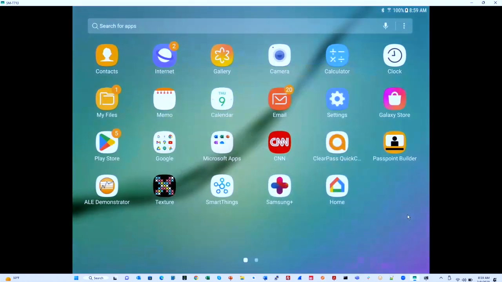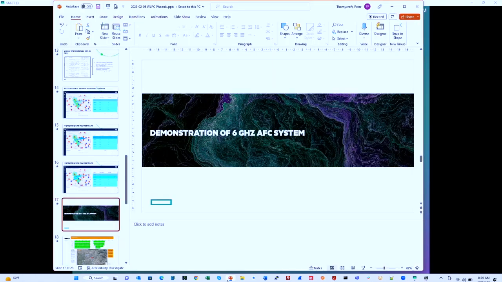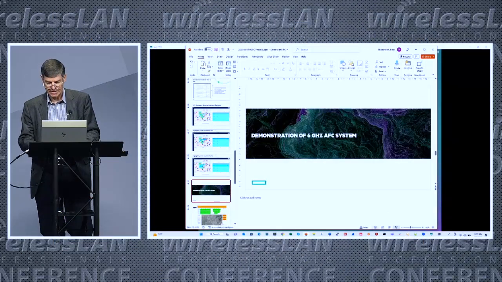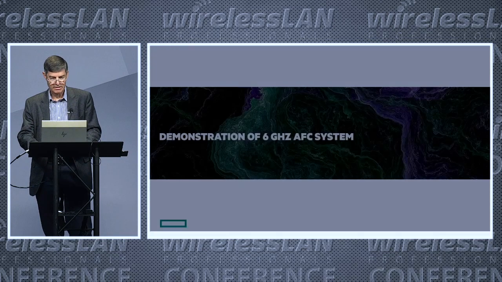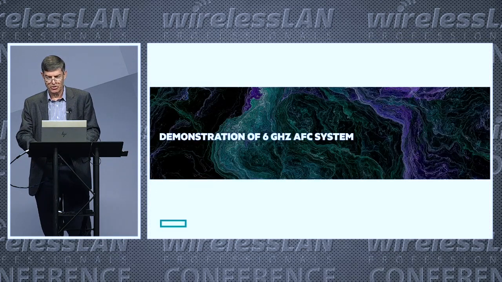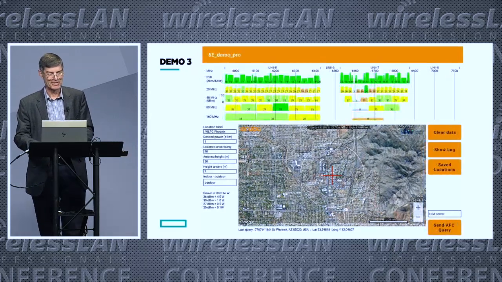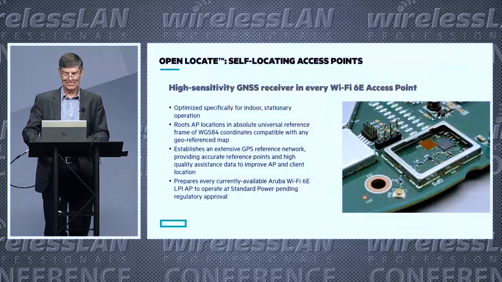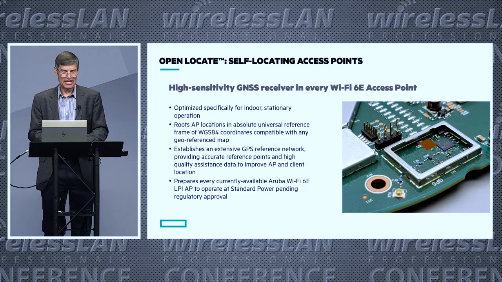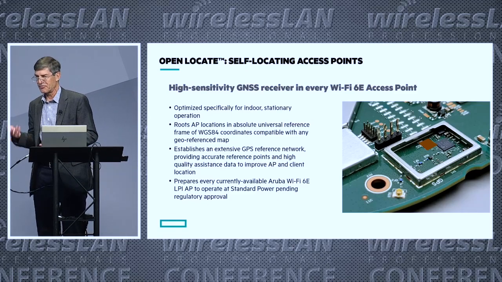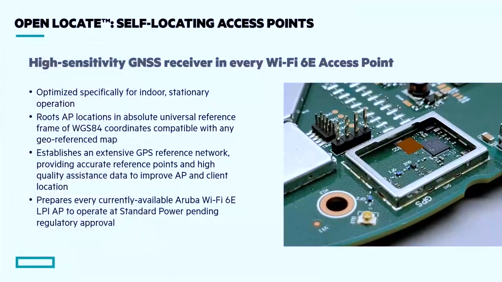Okay, very quickly to finish up. So from the AP point of view, you've got to figure out where you are. These were in case the demo didn't work. I can go over those. So we're going to need to figure out where the AP is.